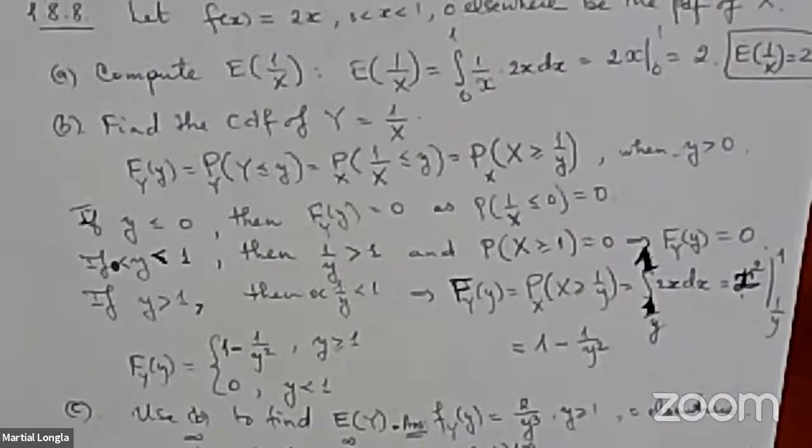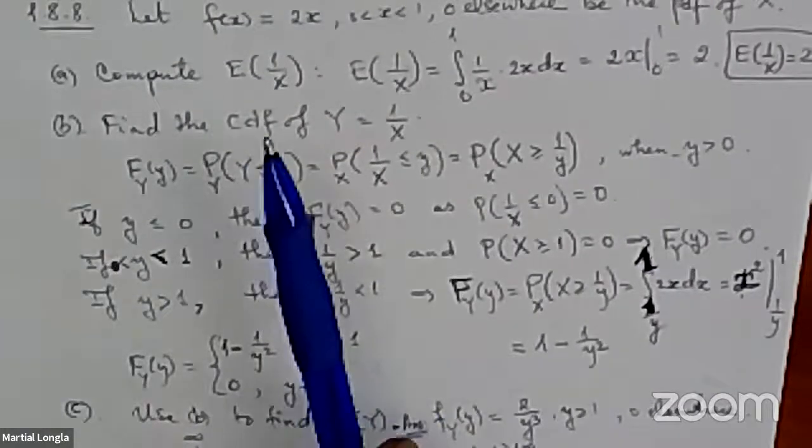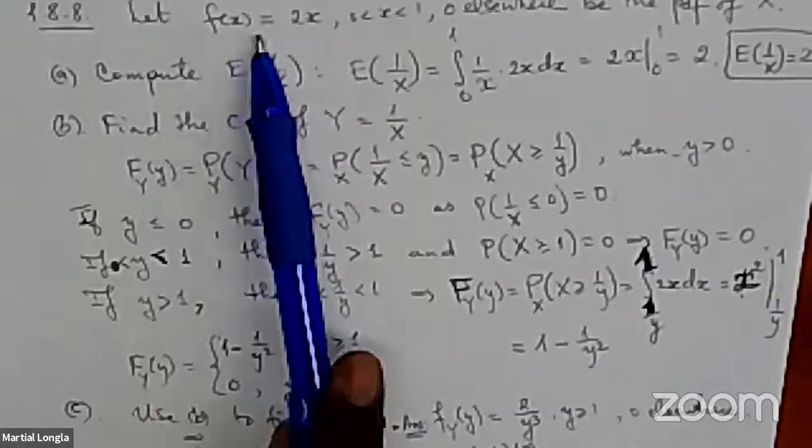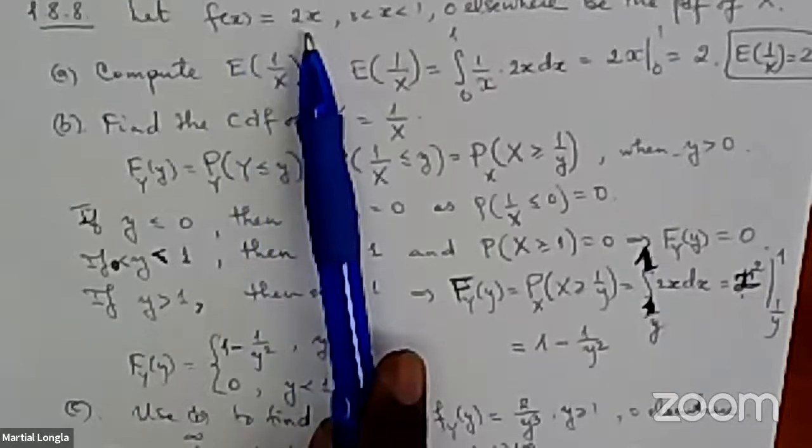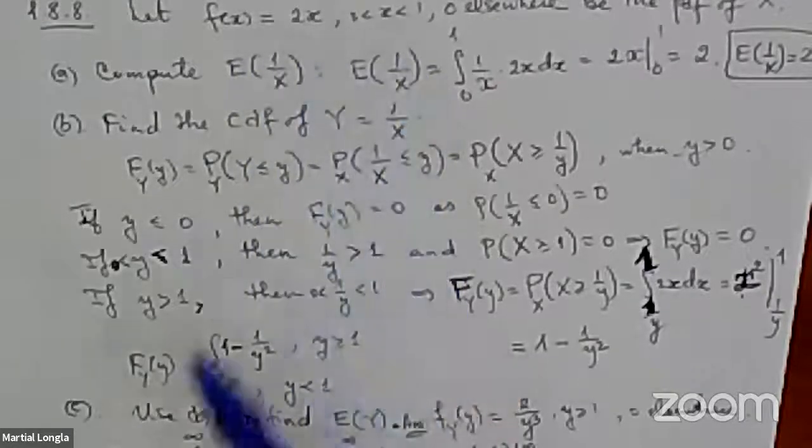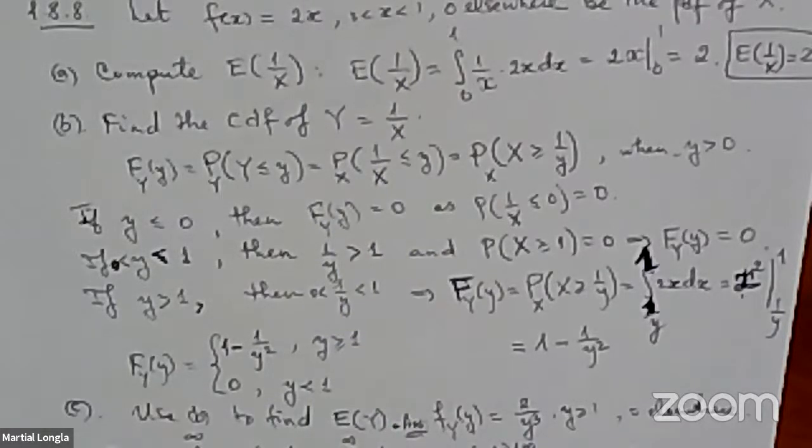We have a random variable that has density, again this is the PDF, f of x equals 2x between 0 and 1 and 0 elsewhere. Find the expected value of 1 over x.